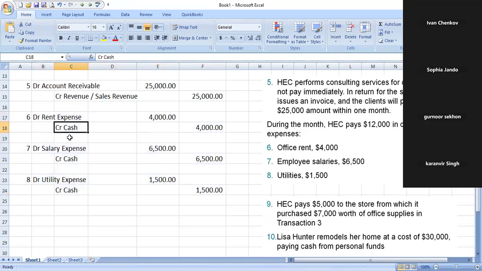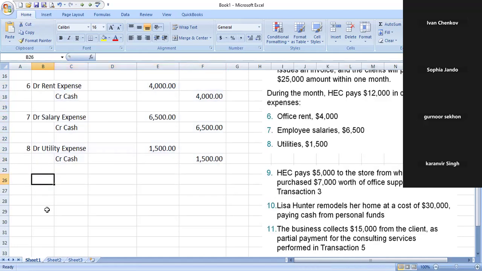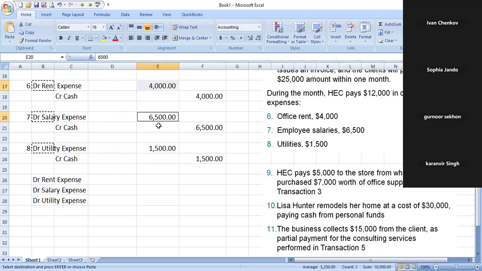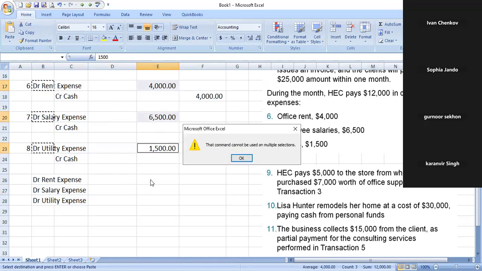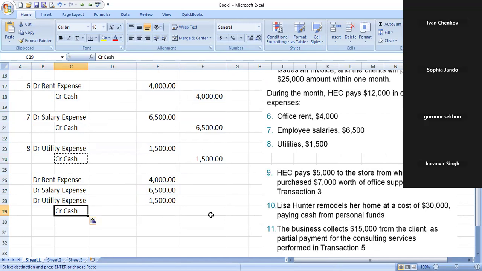When we're seeing on the credit the same account, I can combine those three entries into one entry. How can I do that? I'm going to get the debits, this debit and this debit and this debit, and put them here. And since the credit goes to exactly the same account, I can simply go credit cash.